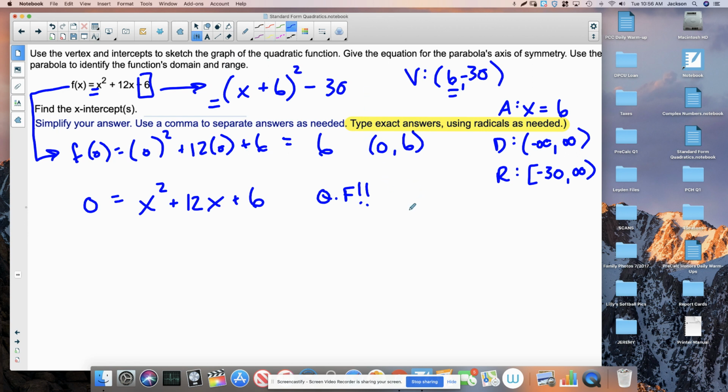One way to get radicals is by using the quadratic formula. So keep in mind, this is a method for solving for x when a quadratic is set equal to 0.